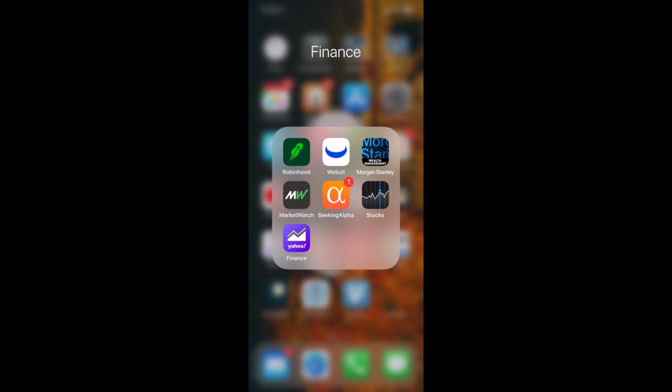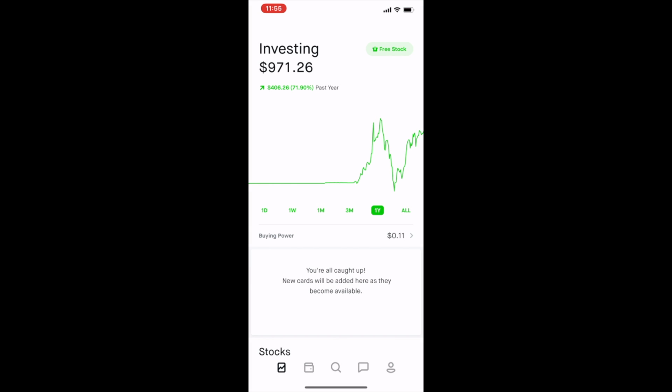So we'll take a look at the Robinhood app. It's very similar to the web app. You can look for your different categories, and you have your line graph from your 1 day through your all time.